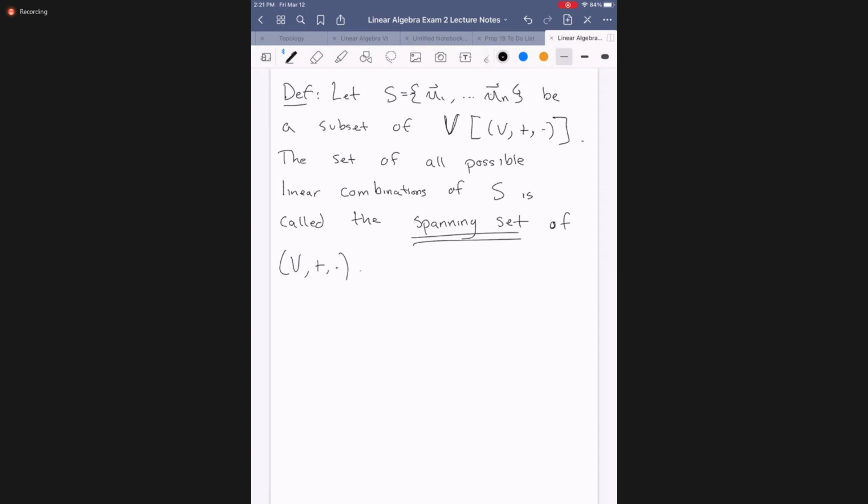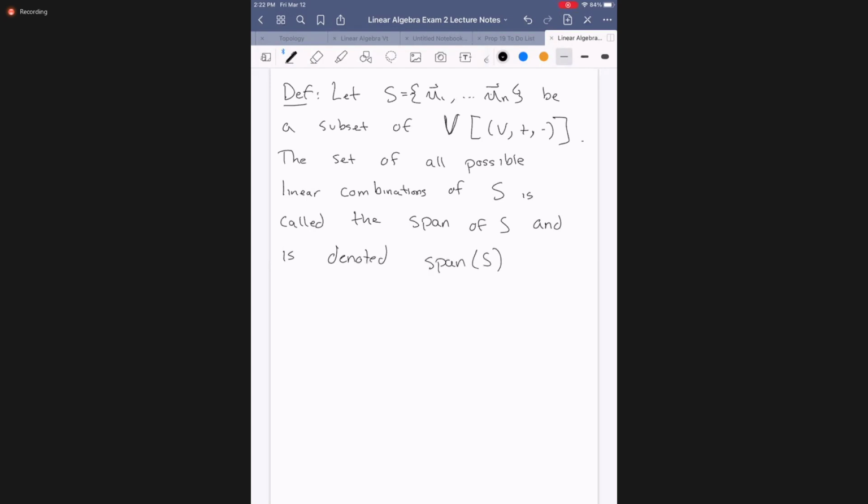Okay. So in other words, sorry, this is called the span. This is called the span of S. I was getting ahead of myself there. And it is denoted span of S. Okay.